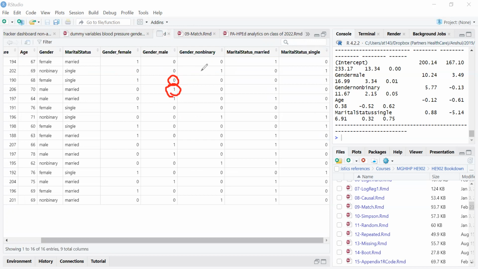It means that someone was not male before, right? This person is female in this example. Let's imagine they changed into this person. Now they're male, they're not female. So a change in male from 0 to 1 means a transition from female to male, because female is the reference category. So it's a transition from the reference category to whichever dummy variable we're talking about. So let's write that down.